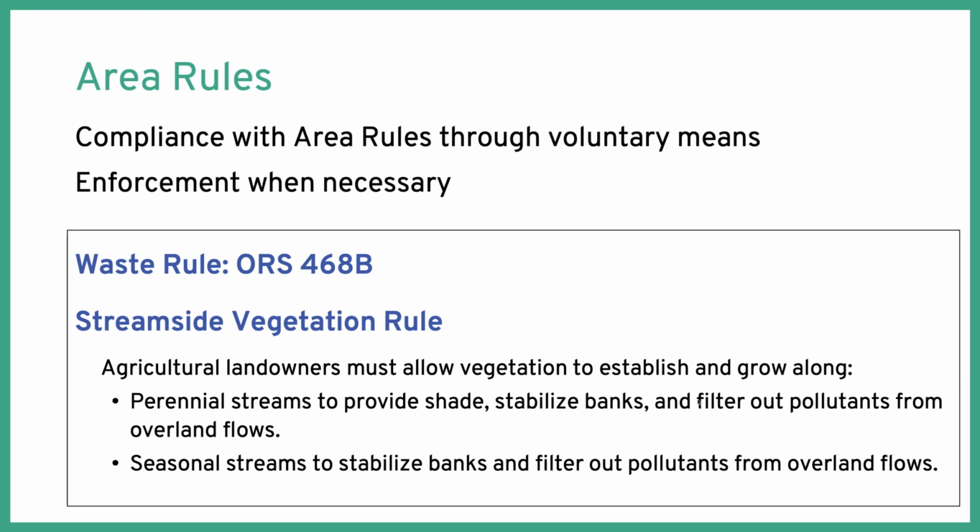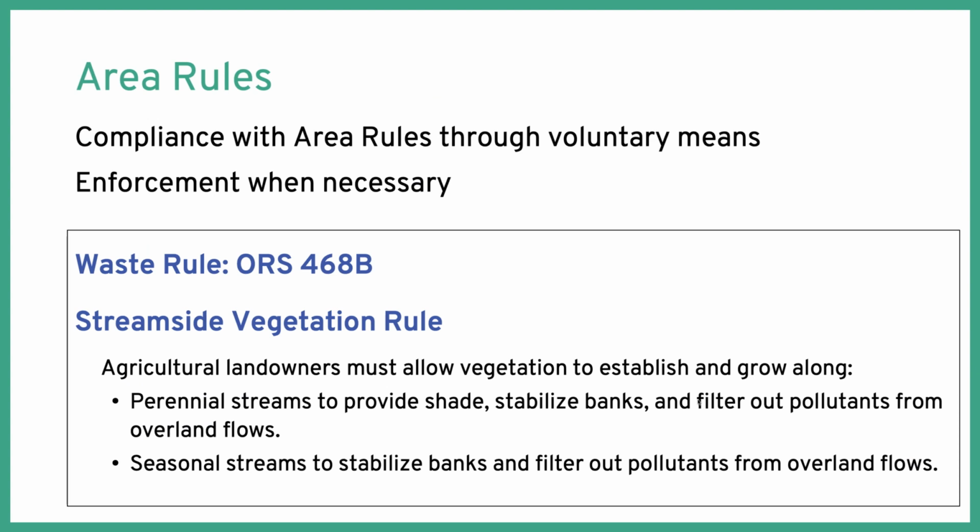And each one of those sets of rules has at least 2 rules, and one states that landowners cannot violate the state statute. So nobody can violate the state statute, but that statute is actually a DEQ statute. And in order for ODA to enforce that, we needed to include that in every set of area rules.